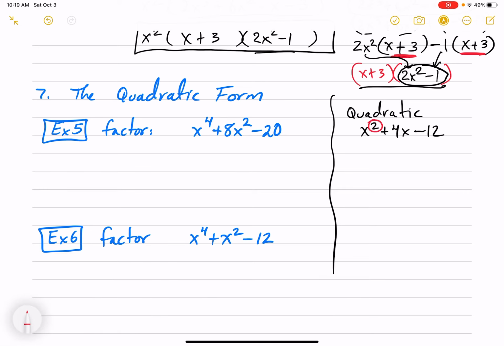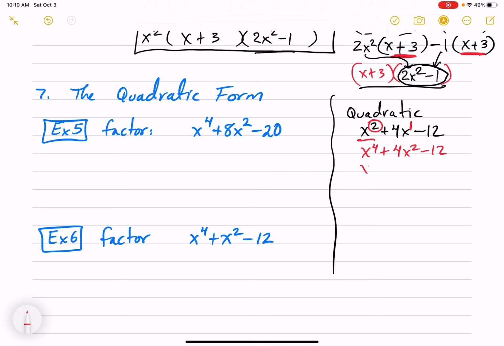But notice the relationship between the exponents right here. The exponent on the x is 1, and the exponent on the first term is an x squared. So the exponent went from 1 to 2. Every time we see something that has that form, we can factor it the same way. For example, if you were to see something that had an x to the 4th plus 4x squared minus 12, we factor it exactly the same way.